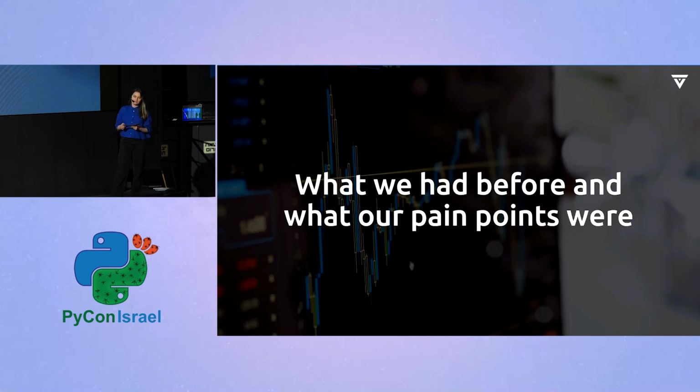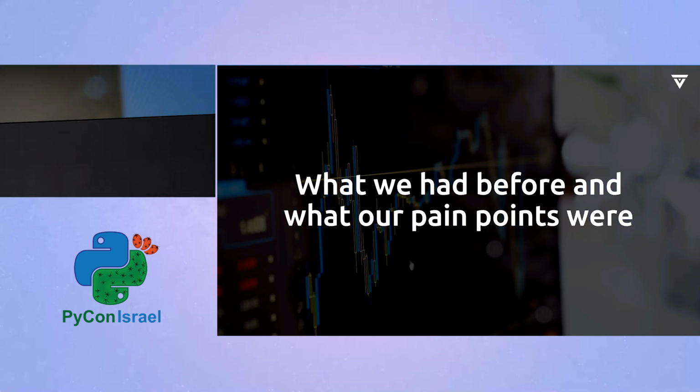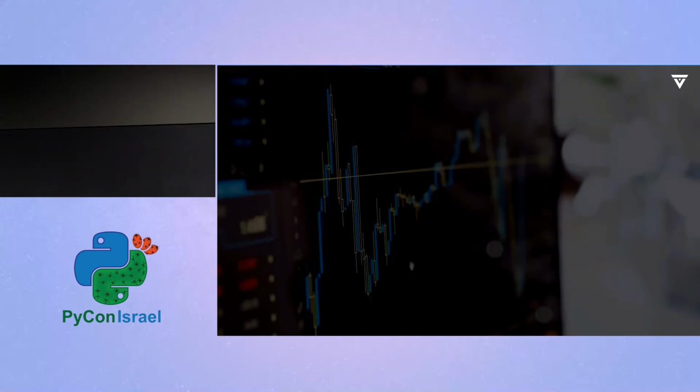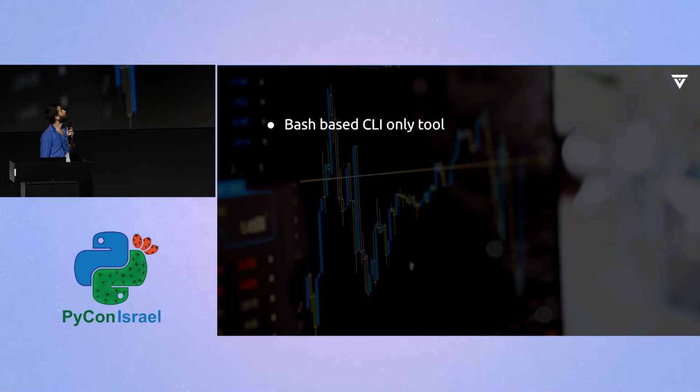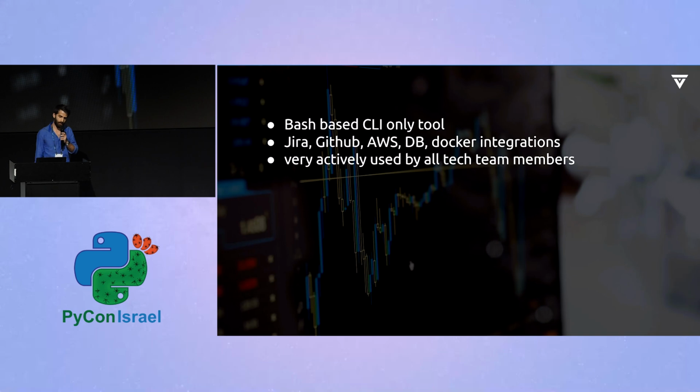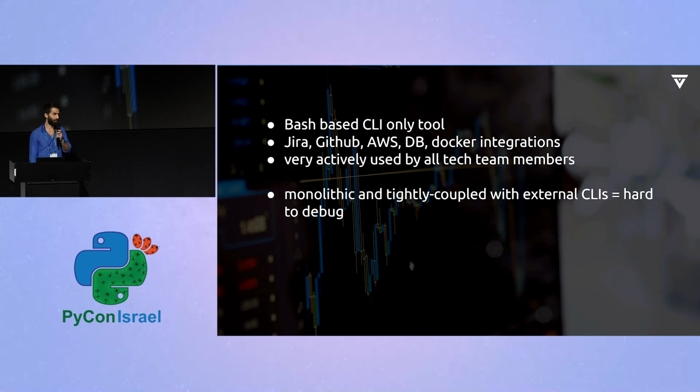So, what we had before, the existing problematic solution. We had a suite of tools that was completely bash-based, with everything that comes with that. We had integrations for all the stuff we mentioned before and a couple more: Docker, our different databases, Jira, GitHub, etc. We had a big monolithic codebase that was entirely bash-based, very hard to extend, very hard to debug, and very hard to understand.